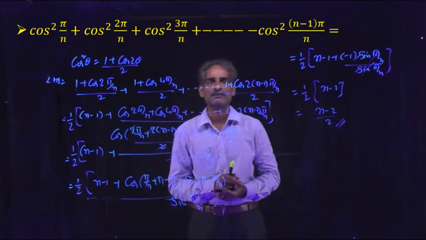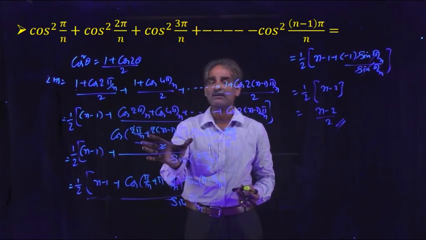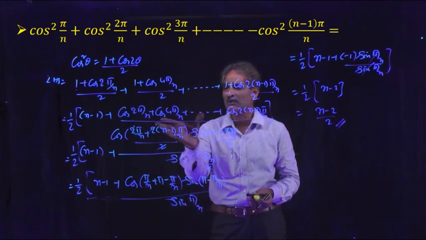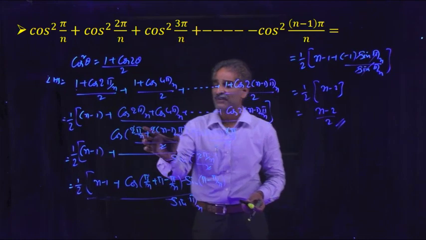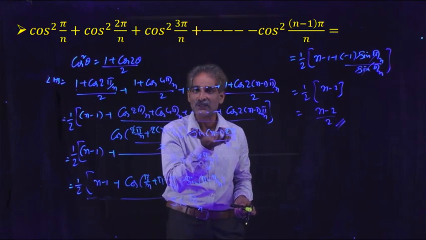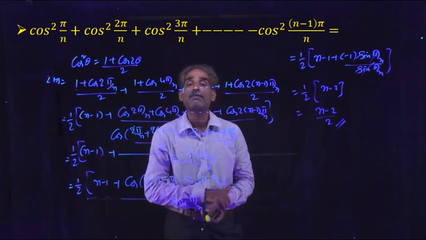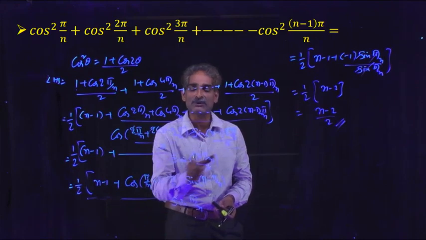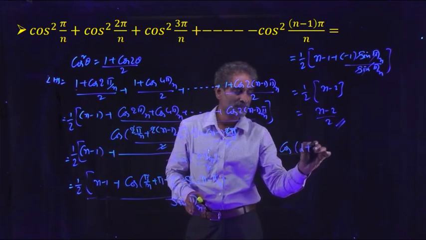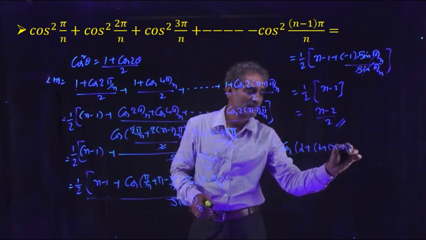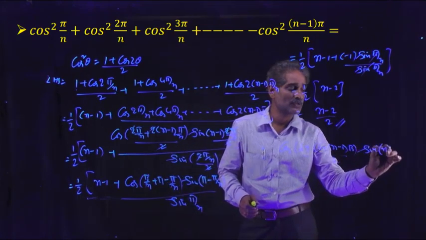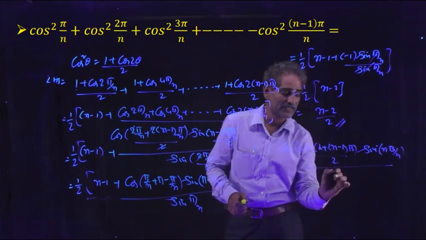This is an important problem. Okay, here the main important thing is the formula. If the expression is in terms of first degree cos and the angles are in AP, then only we can apply this formula. Cos of first angle plus last angle by 2 into sine of n into beta by 2, where beta means common difference, divided by sine of beta by 2.